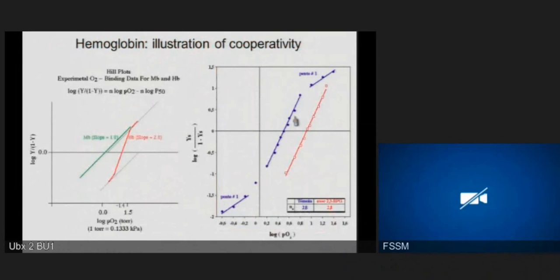Then, okay, so what we have to know from my side is the KD. So to have an idea about the way you are measuring the KD, to know what is nH, the Hill coefficient, and to know also what is the benefit of Scatchard.